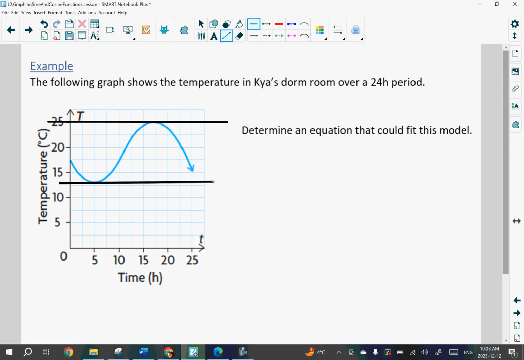So we've got to look at our scale. This is going 10 to something to 15. That means every two boxes is worth 5. So each box is worth 2.5. So this line right here is at 12.5. If it's just above that line, I'm going to assume it's hitting at 13. So this is at 13, and this one's at 25.